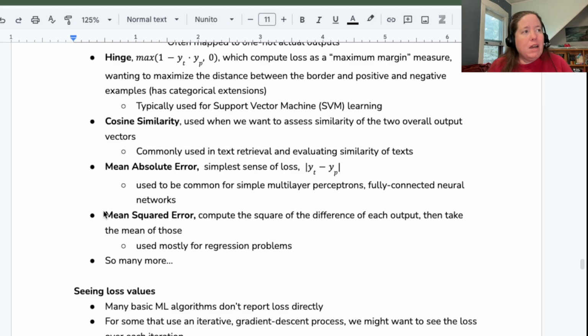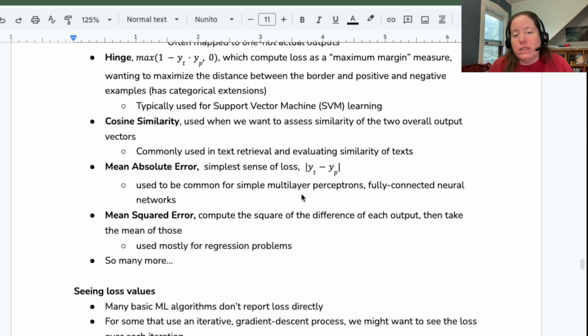I have a couple others here. The mean absolute error. This is actually like the simplest kind of loss you could imagine. You just take your output values and subtract them and take the absolute value so you don't have any negatives, and you call that your loss. This works really well if you only have one output, but it doesn't work so well if your output is more complex in structure.